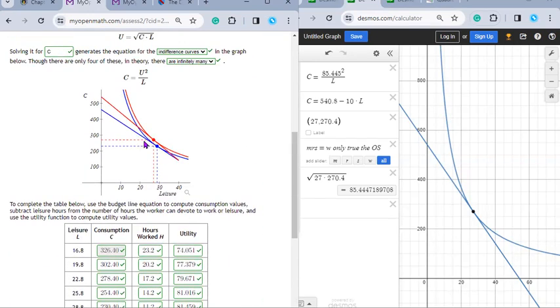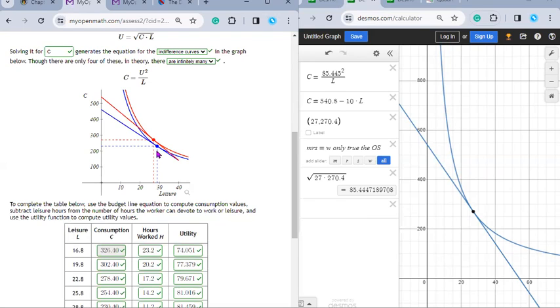This is the original budget line with the original indifference curve. The red line is her new budget line with the higher wage. And this red curve is her new indifference curve. And her optimal solution is now at this red dot. Notice what happens here. Her leisure fell, right?